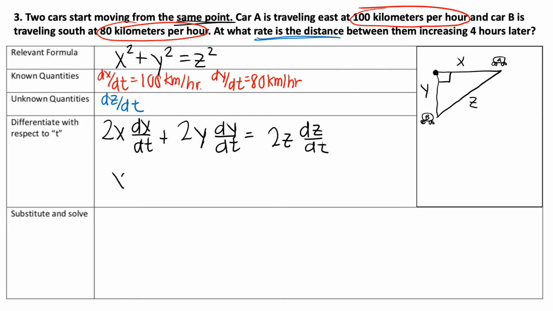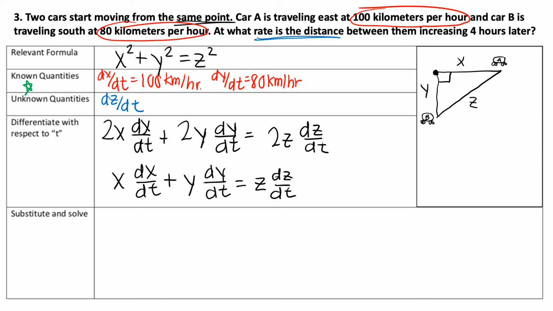So we can write this as x dx/dt plus y dy/dt equals z dz/dt. Now, looking at what I have, I'm going to need to plug in for x, y, and z, and unfortunately, I don't have any of those in my known quantities.